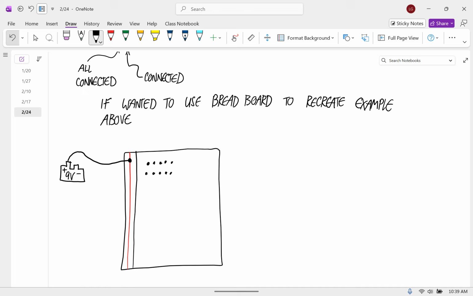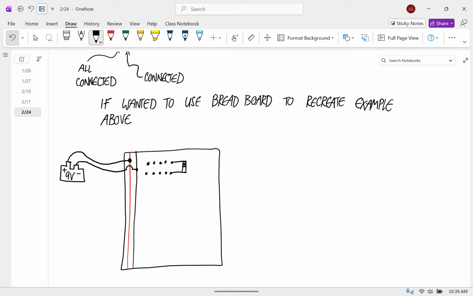Yeah, exactly. And then I'm going to take the negative and plug it into the black. So that little loop there indicates that we're not connecting it to the red. We're just going over it and connecting to the black. And then I'm going to take an LED, a resistor, and connect it here and here.